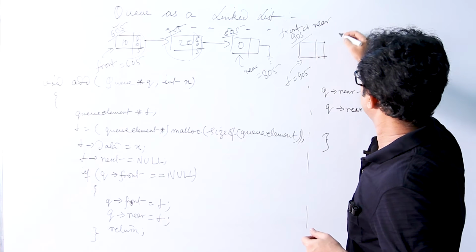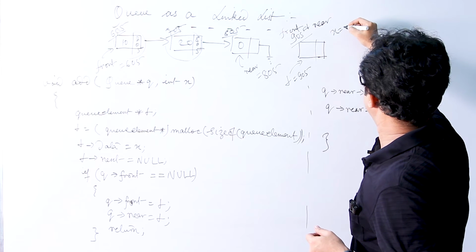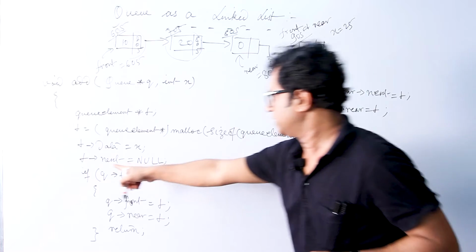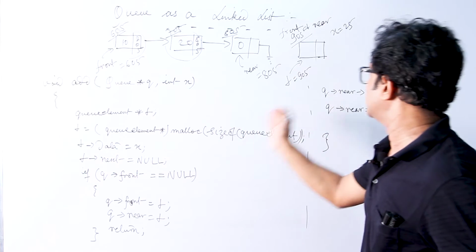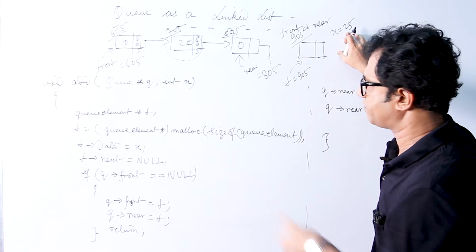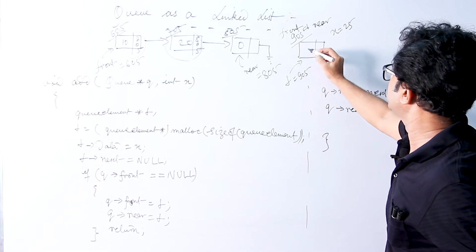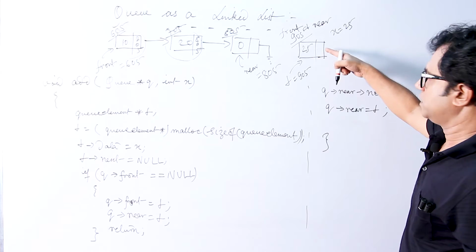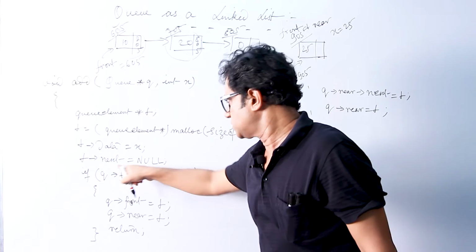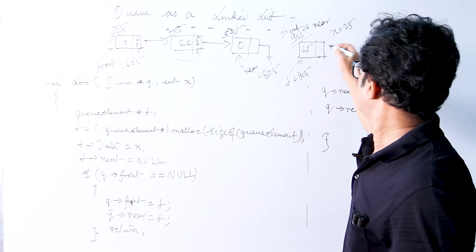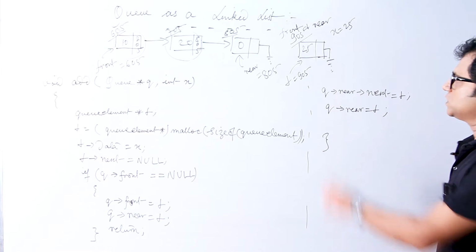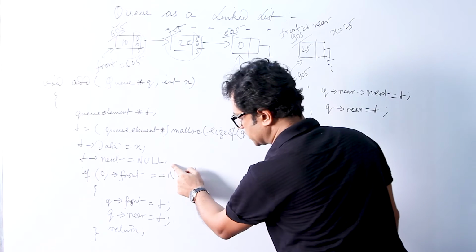Suppose the user gives the value of x to be 25. Then by the line t data is equal to x, we assign this 25 to t data, and t next is initially taken to be null, that is, a null pointer. So this is the position up to this.